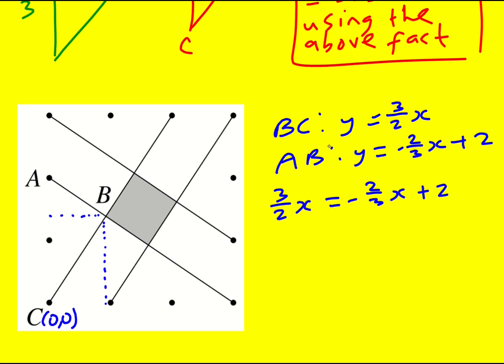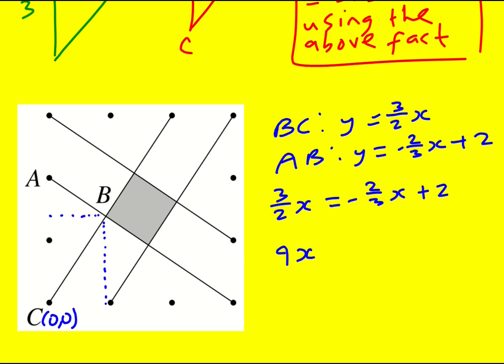Now I could add the 2 over 3 x on and put them over a common denominator and then sort it out from there. Actually, that's what I did when I originally did it, but I'm just looking at it now and I'm realizing, when you get a fractional equation, it's best to just multiply through by the LCM of the denominators, in this case 6. So I'm going to times through by 6. When I times through by 6 here, I'm just going to end up with 9x because the 2's cancel with the 6.